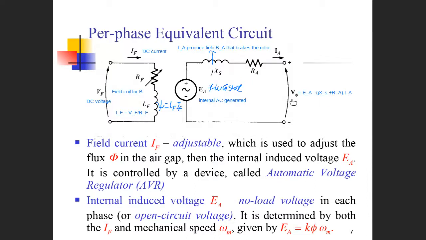So the terminal output voltage equals the internal voltage minus the voltage drop across the internal impedance of the armature coils times the armature current. The AC current, the synchronous impedance, the armature impedance here, the internal generated voltage here, and the terminal voltage output. So this is the output terminal voltage.